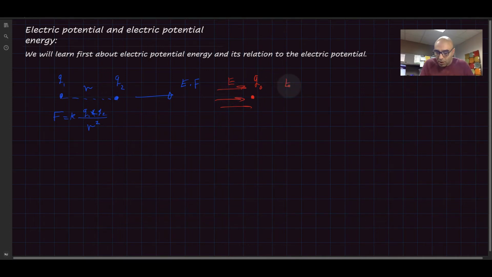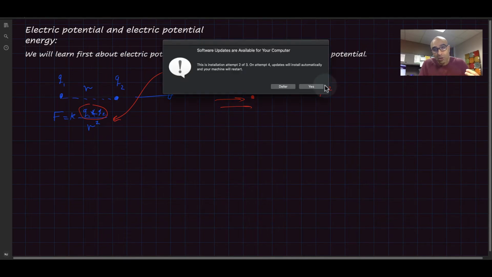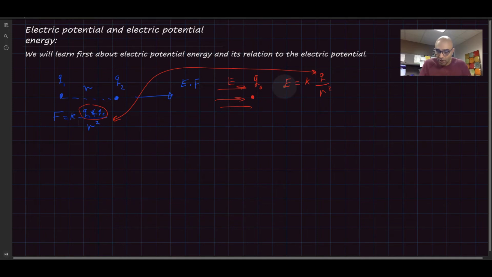We called the electric field due to a point charge K Q over R squared. Now notice the difference between this equation and this equation. This equation for the force has two charges because it's the force between two charges. This equation for the electric field has only one point charge because that's what the electric field will feel.